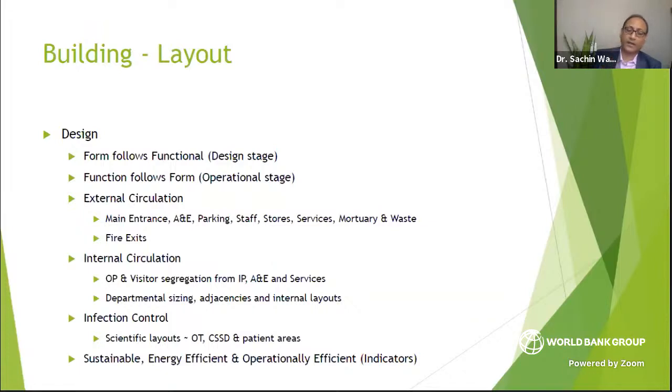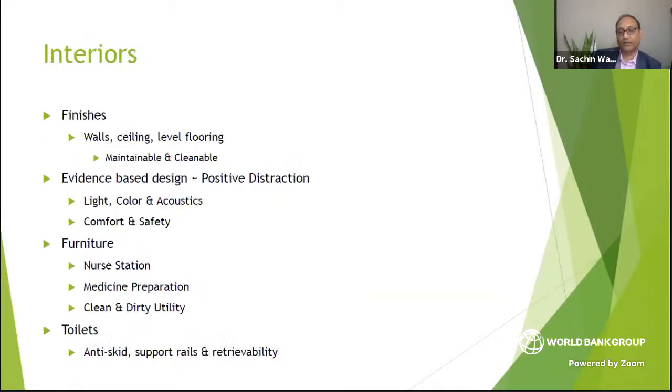And last but not the least, they have to be sustainable and energy efficient. And let me point out that it is a myth that energy efficient will also be operationally efficient, which it is not. You have a lot of indicators which will actually make your facility operationally efficient, which will not only save costs but also bring more income and business.